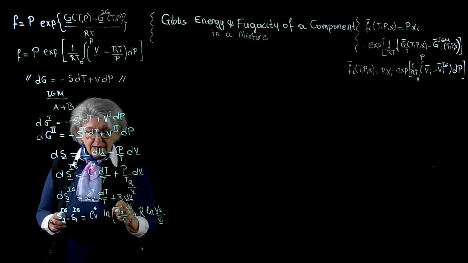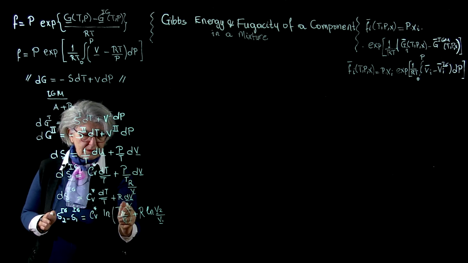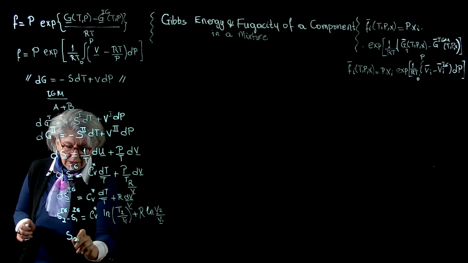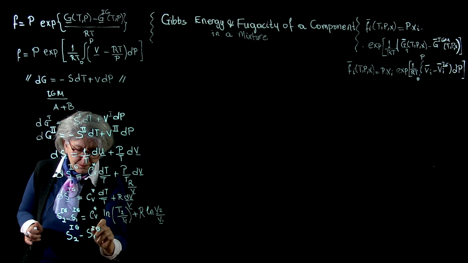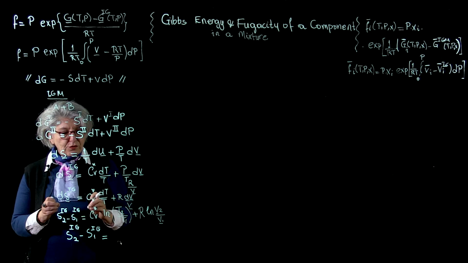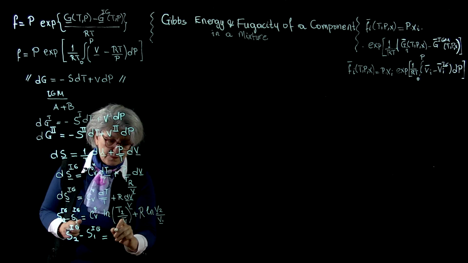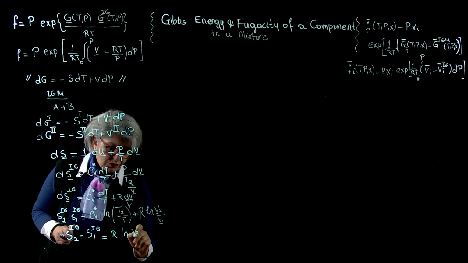All right, now this is our expression. Let's keep temperature constant so that this term disappears. So our entropy change of an ideal gas between state 1 and 2 is only subject to a change in volume: R ln V2 over V1.